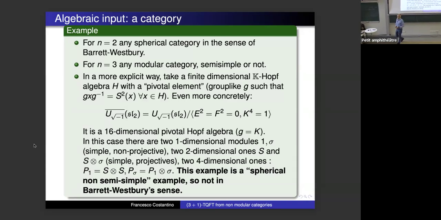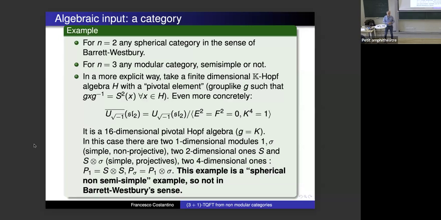And of course, its tensor product with sigma, which are simple, 2-dimensional, and they are projective. And then there are S tensor S, which turns out to be the projective cover of 1. Again, if you don't know what the projective cover is, don't worry. And then this guy tensor sigma. And that's all. You cannot go beyond this list.